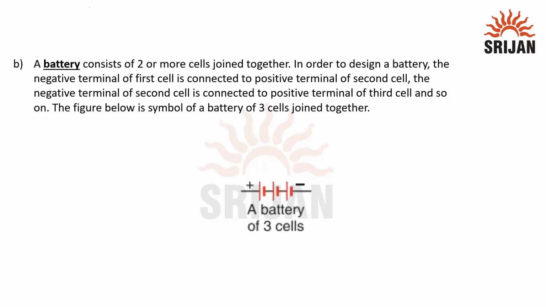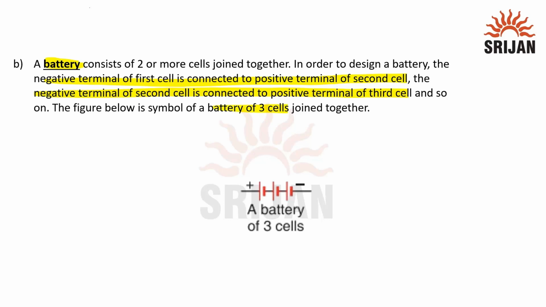Now let us see a battery. A battery is a combination of two or more cells. In order to design a battery, the negative terminal of the first cell is connected to the positive terminal of the second cell, and the negative terminal of the second cell is connected to the positive terminal of the third cell, and so on. So this is the figure, which is a battery of three cells.